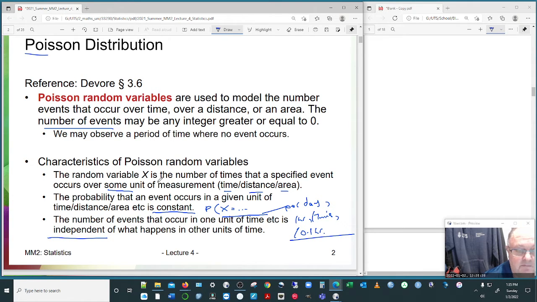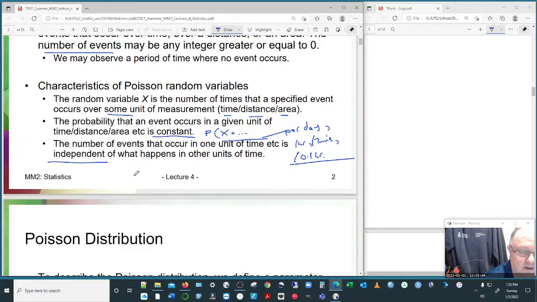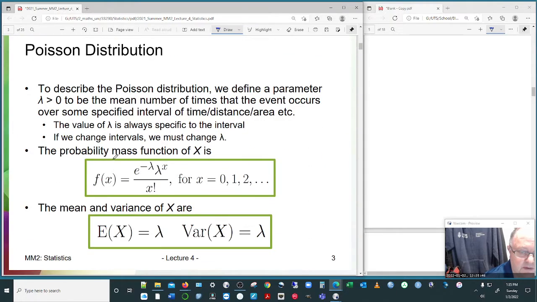So in our modelling, the Poisson distribution is a counting distribution. To describe the Poisson distribution, we define a parameter lambda. Now this should jump out at you for those of you that are recognising this easily. For those of you who are not, I'm making a point: anytime we've got greater than 0, that means it is positive in maths speak.